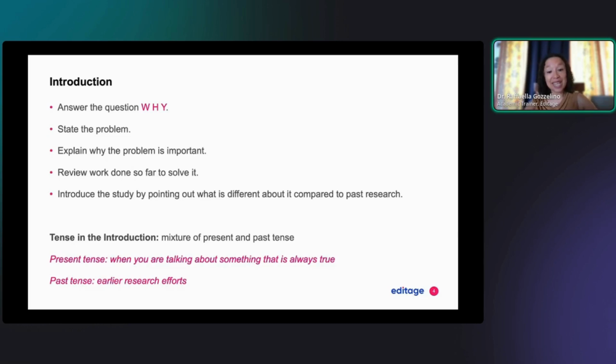So present tense, therefore, when you are talking about something that is always true because it has already been discovered, identified and explained. And past tense is for earlier research efforts because it's something that has been done in the past. And the present is to reinforce that the challenge is still there. So the problem is still there.